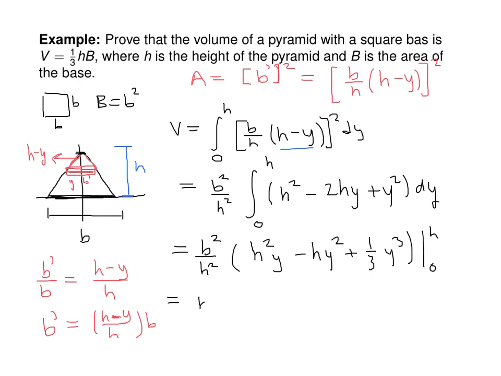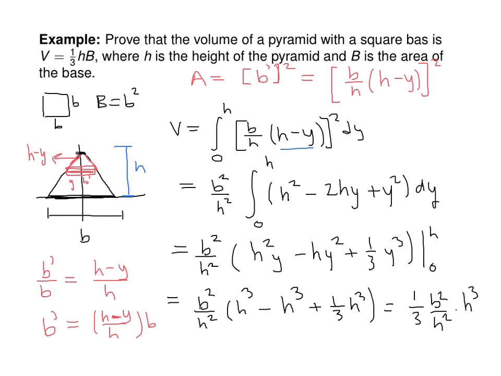Plugging everything in, I have b squared over h squared times h cubed minus h cubed plus 1/3 h cubed, which gives us 1/3 b squared over h squared times h cubed, and that simplifies down to 1/3 b squared h, as needed.